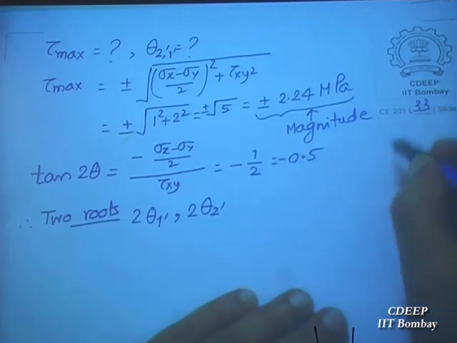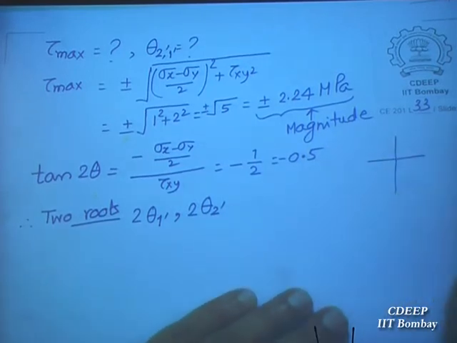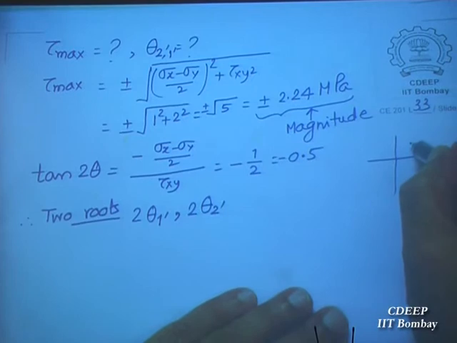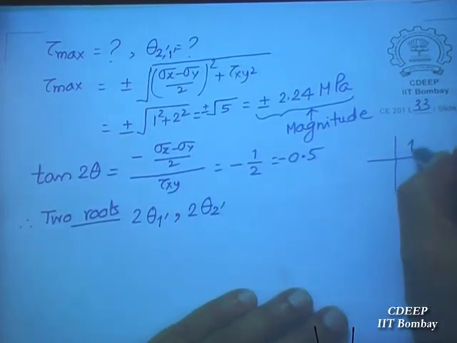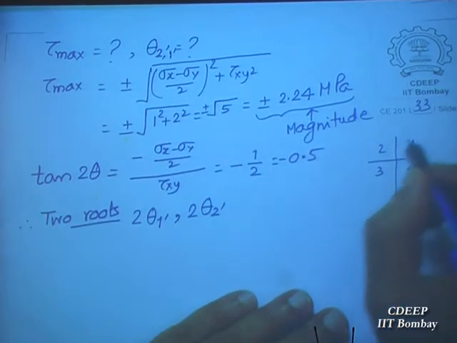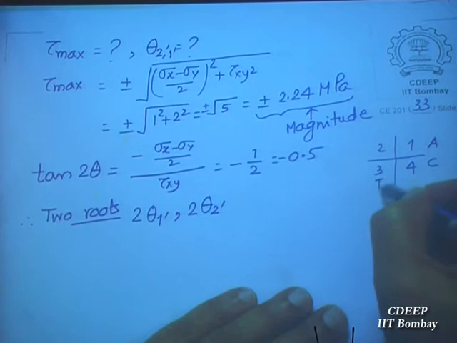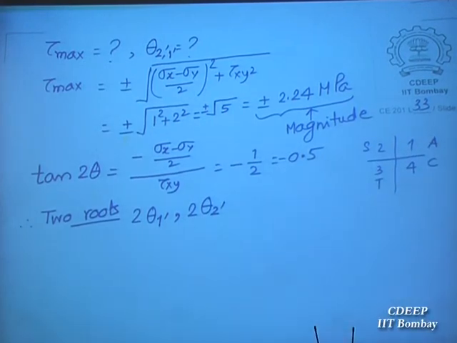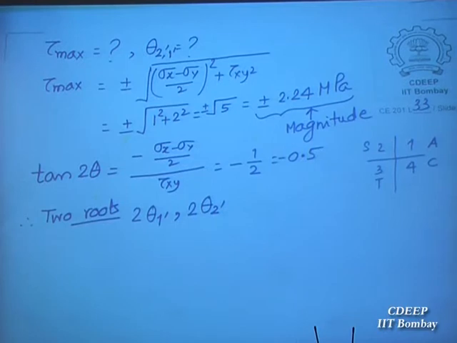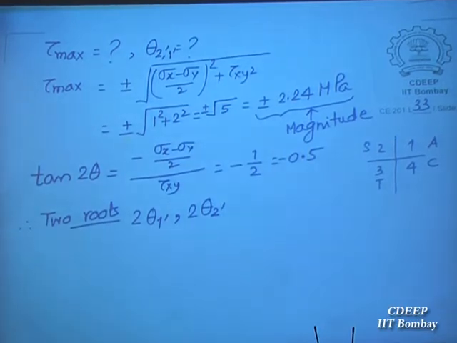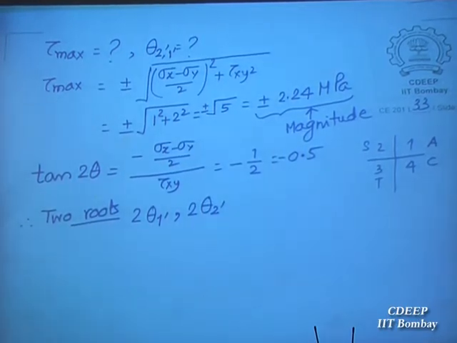Minus 26.56. This is how we number the quadrants: 1, 2, 3, 4. So tangent negative means 2 and 4.